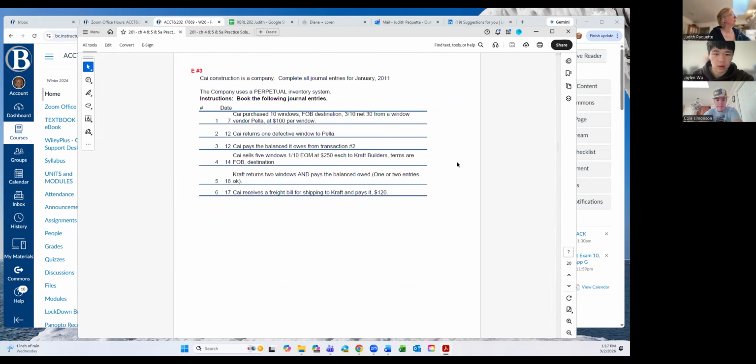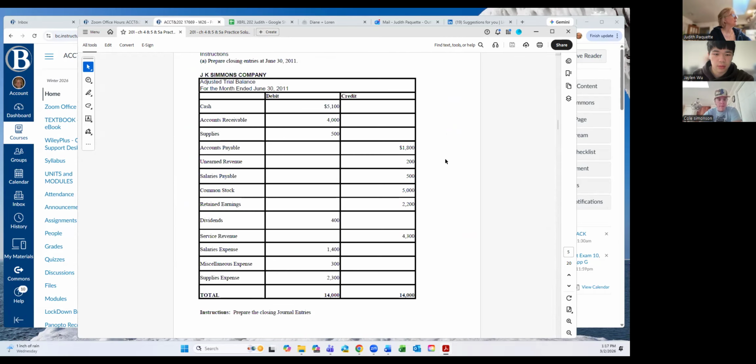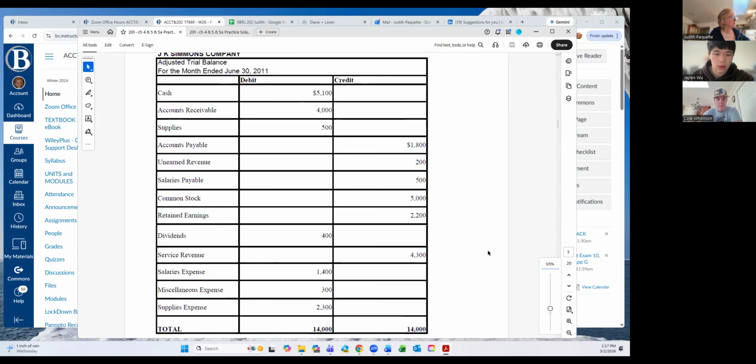Okay, great. So here's where we said book the closing journal entries. And look here, you see retained earnings. It has a beginning balance of 2,200. And here's the dividend account. It has a debit balance. We only have one revenue account, so that makes it fairly straightforward. 4,300 credit. And then we have three expense accounts.